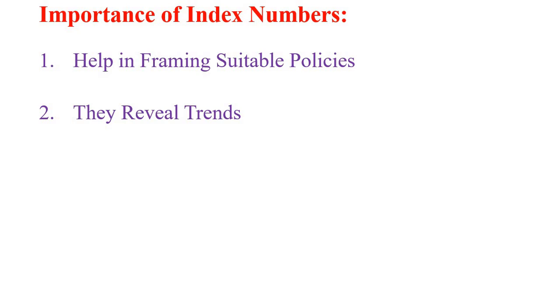Then it helps in comparative study. We can compare with the help of simple averages, and index numbers can be used to see which is better, which is less, which is more, which is highest, like that.